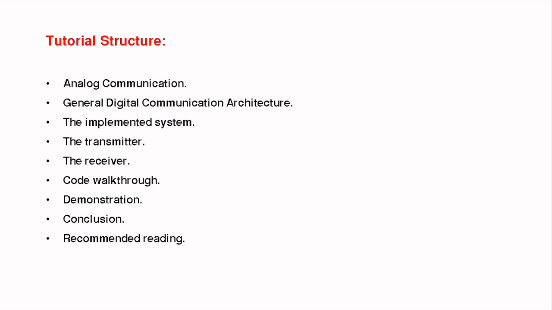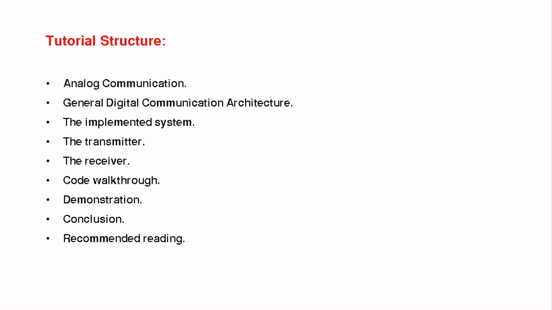The tutorial is structured as follows. First, we will have a brief look at analog communication. Then we will see the general architecture of any digital or wireless communication system. Then we will see how we will implement our system. Then we will have a look at the transmitter parts and the processing that happens in the transmitter.